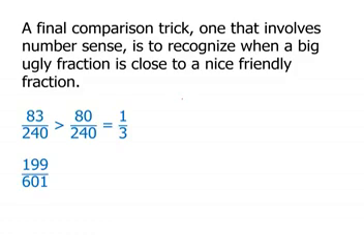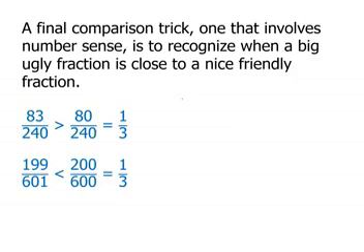Well, that's interesting. Suppose we compare it to this fraction, 199 over 601. Well, 199 over 601 is very close to 200 over 600. But of course, if we make the numerator bigger and the denominator smaller, 200 over 600 is going to be slightly larger. And 200 over 600 also equals 1/3.